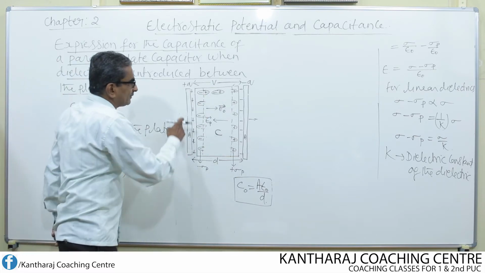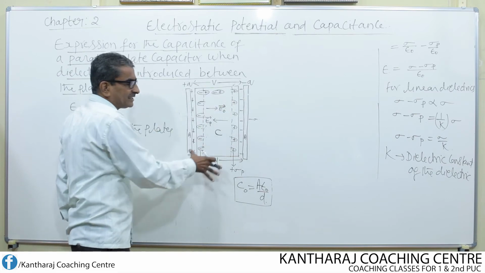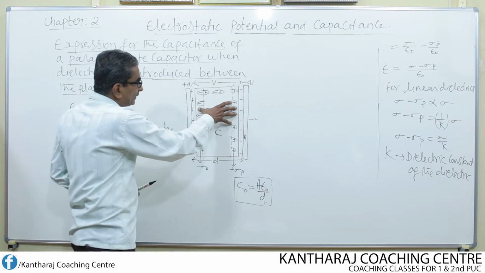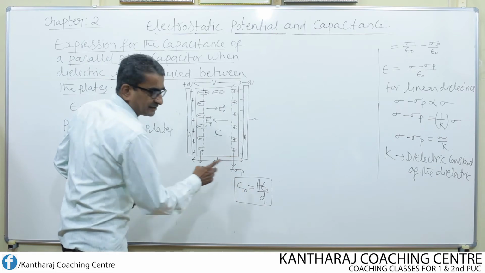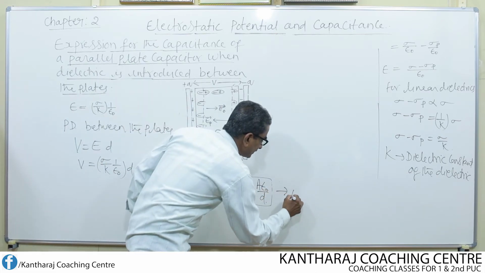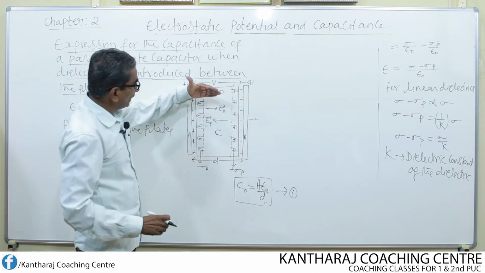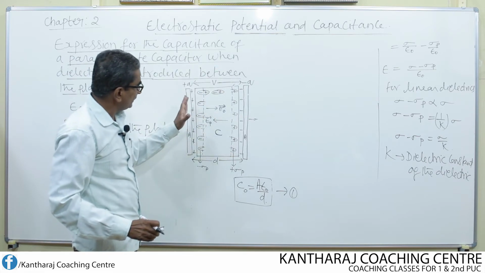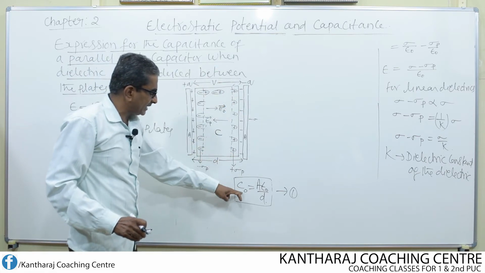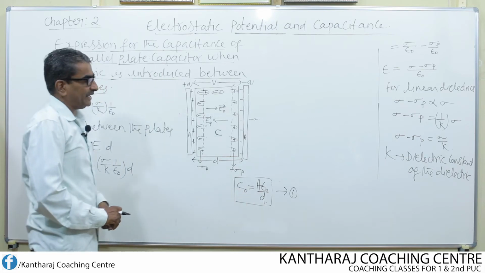Now, what is the capacitance of this capacitor after the dielectric slab is introduced? Before introducing the dielectric, when no dielectric is filled between the two plates, the capacitance of the capacitor is taken as C naught equal to A epsilon naught by D. Let us call this equation 1.